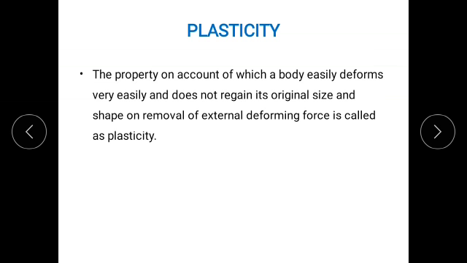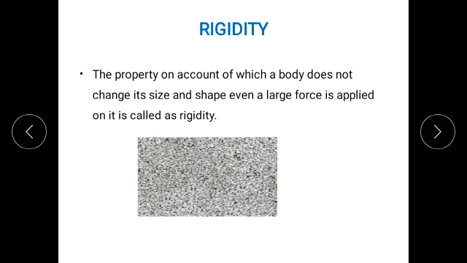That means it easily changes its shape and size, and it does not regain its original shape and size even when the force is released, and that property is called plasticity. Then what is meant by rigidity?